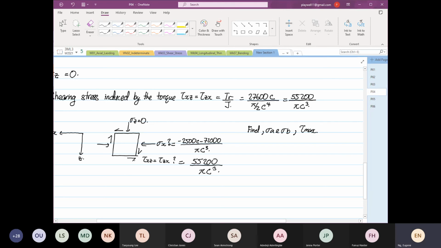In order to find stress A and stress B, we have to identify the average stress. So we know that A and B is equal to the average stress plus or minus the radius of the circle.